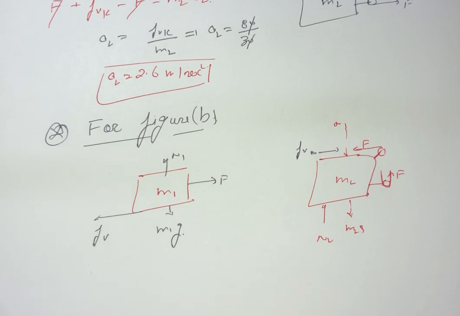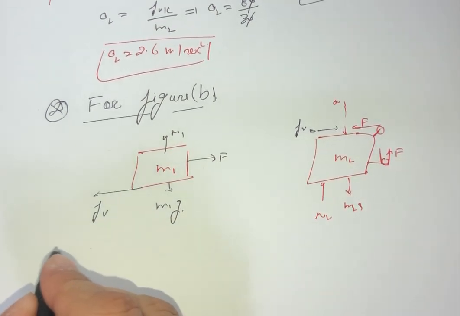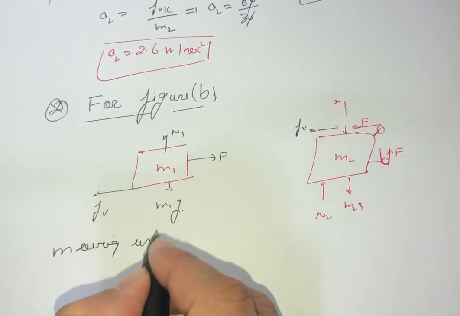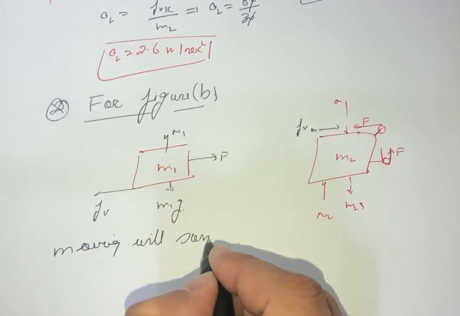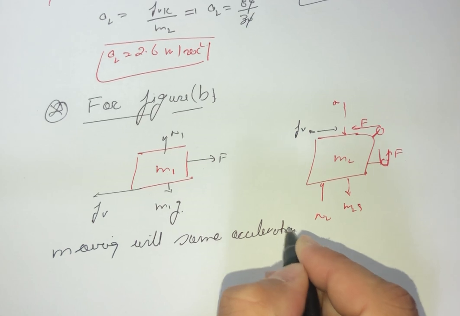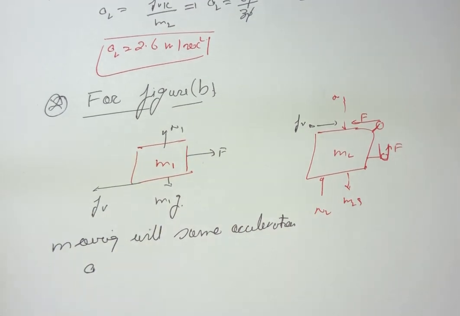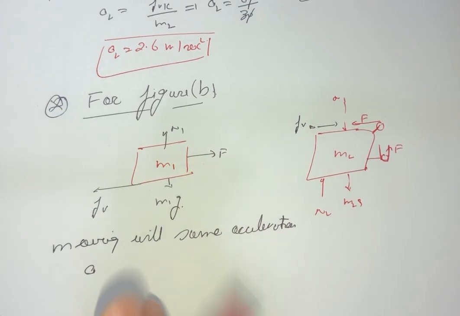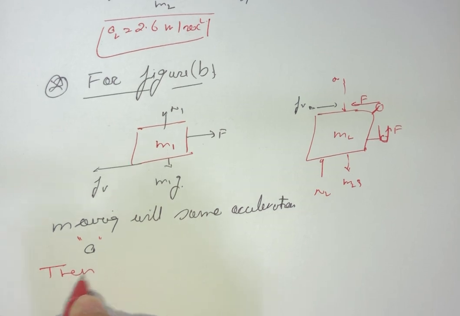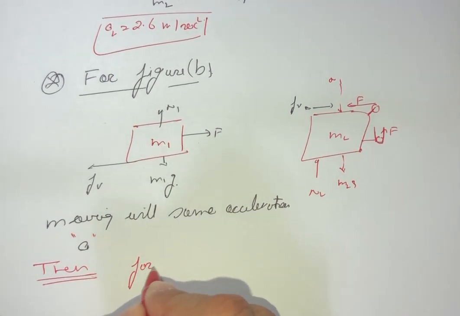So if they are moving with the same acceleration A, then we can write the equation for M1.